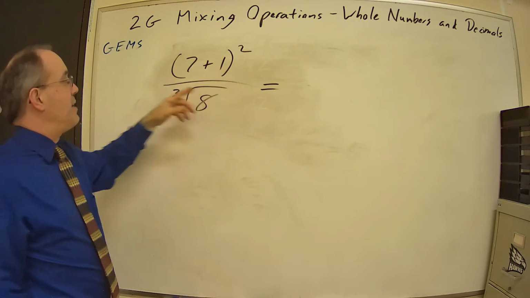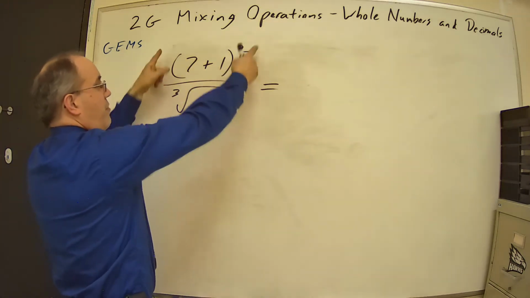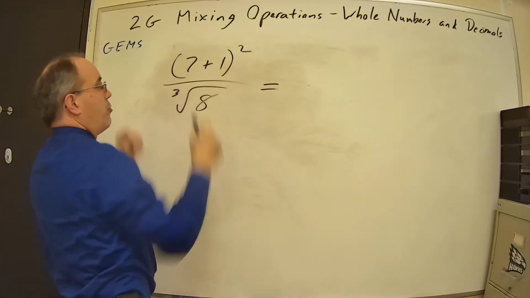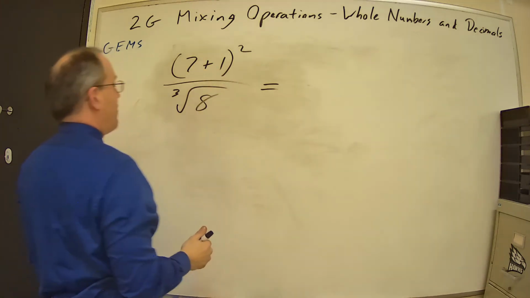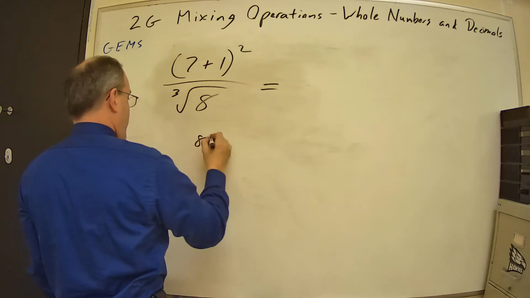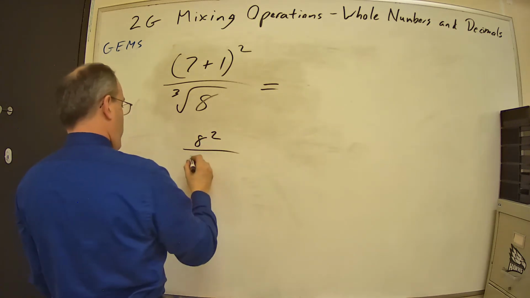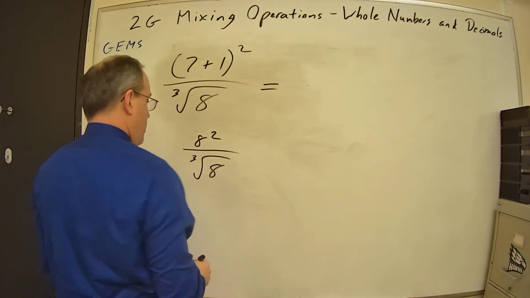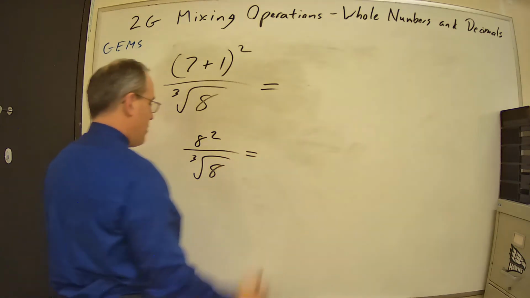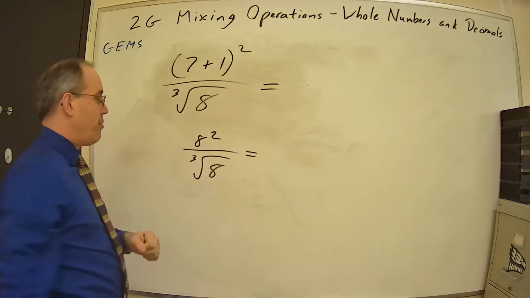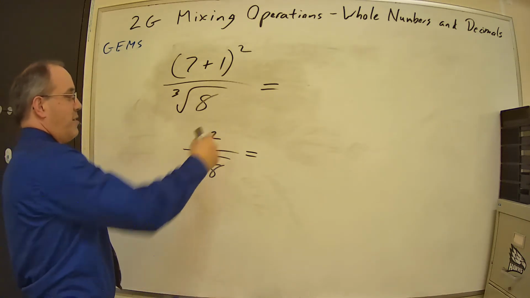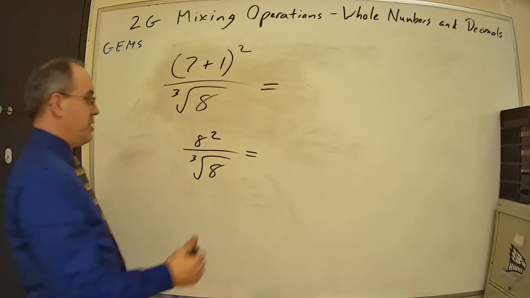Well, grouping, I see a grouping above the division, and I also see a grouping inside of that. So I'm going to do that grouping inside. 7 plus 1 is 8, so I have 8 squared over the cubed root of 8. Well, I still have that grouping on the top, I have the grouping on the bottom. So I'm going to take 8 squared, which is 64.